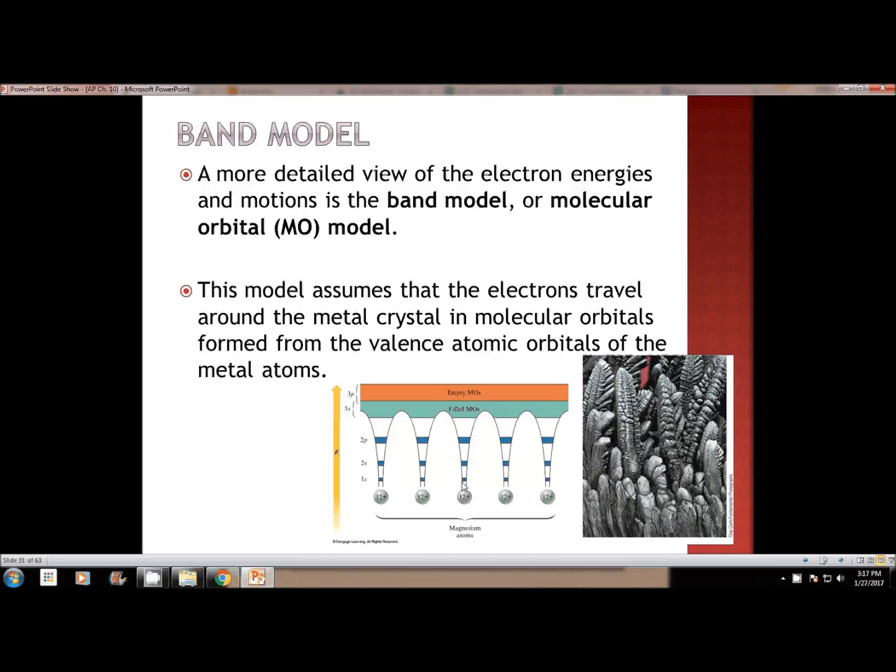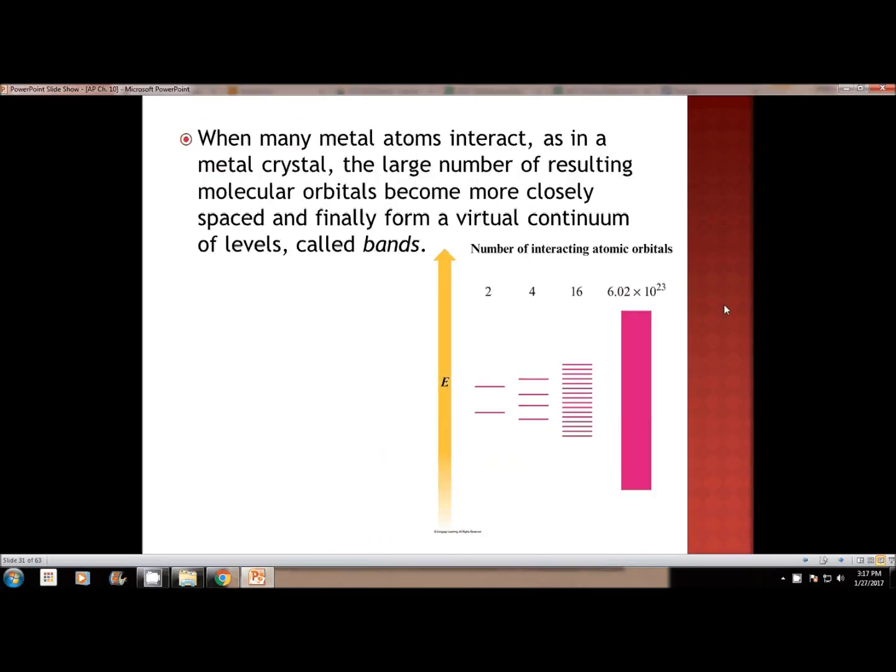It shows how there are bands that are formed when magnesium metal is deposited from a gas. When many metal atoms interact, as in a metal crystal, the large number of resulting molecular orbitals become more closely spaced and finally form a virtual continuum of levels, which we call bands. So that picture is showing how the interacting atomic orbitals happen according to Avogadro's number.